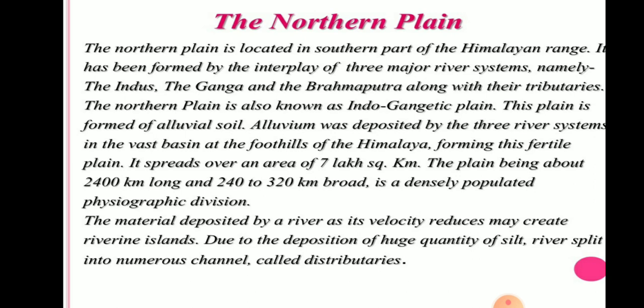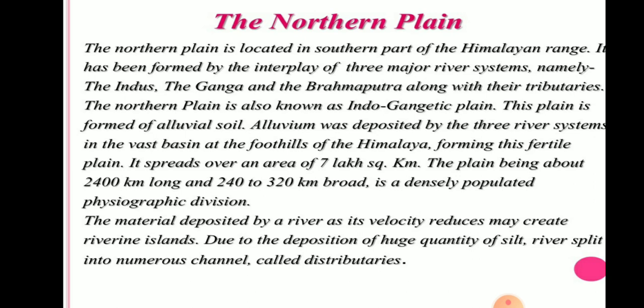The material deposited by a river, as its velocity reduces, creates riverine islands, and due to the deposition of huge quantity of silt, the river splits into numerous channels called distributaries. So here I would like to say what this riverine island is.